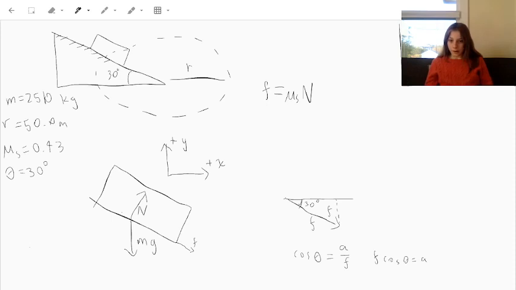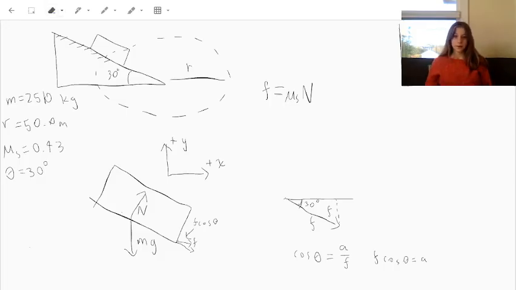So that means right here, F cosine theta is this little component vector. So what we're doing is we're splitting the frictional force into its components that are going to be in one of these perpendicular directions.